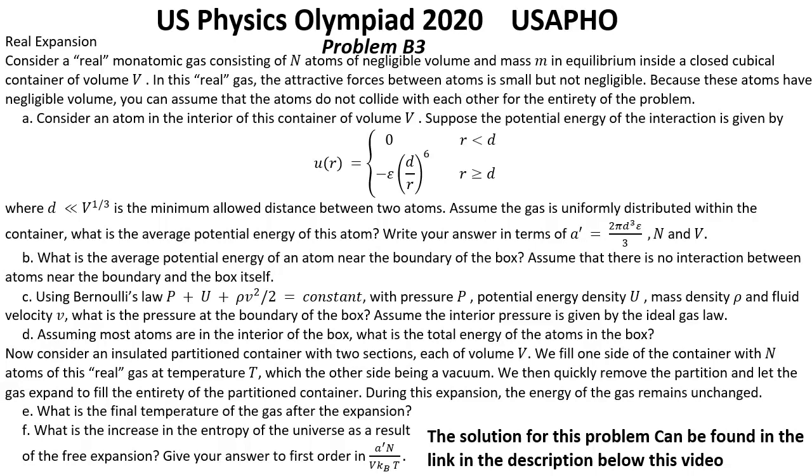Question D. Assuming most atoms are in the interior of the box, what is the total energy of the atoms in the box? Now consider an insulated partitioned container with two sections, each of volume V. We fill one side of the container with the n atoms of this real gas at temperature T, with the other side being vacuum.